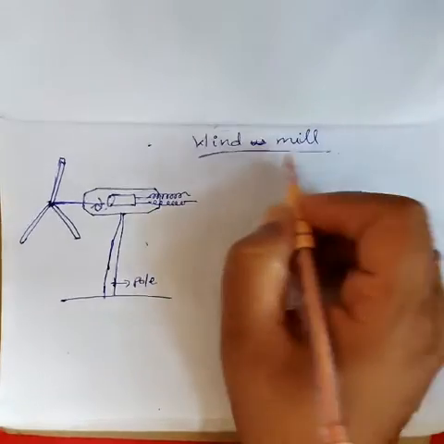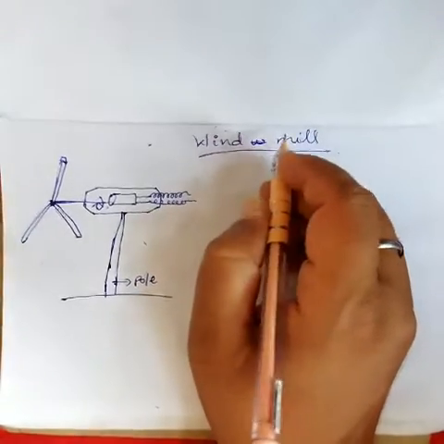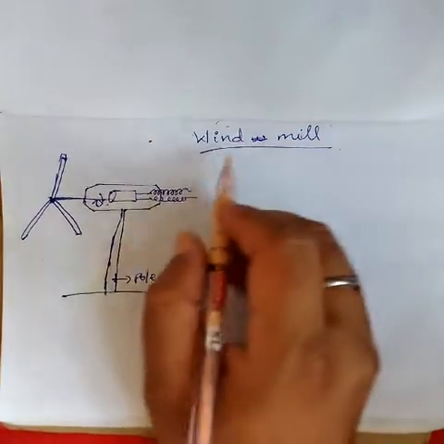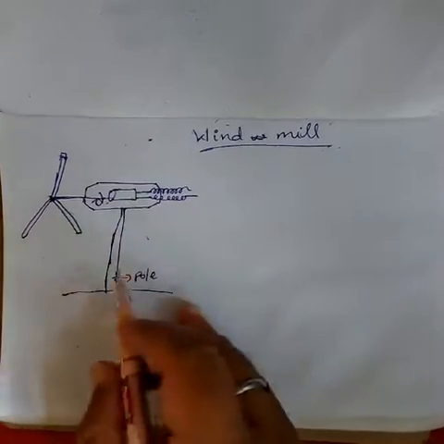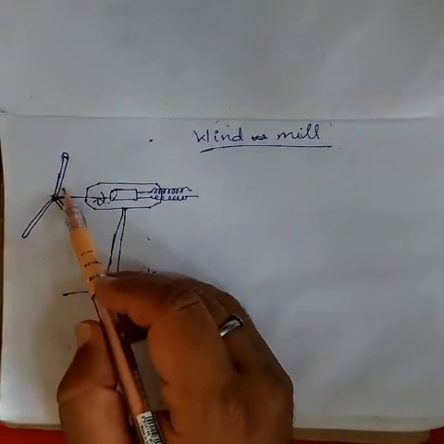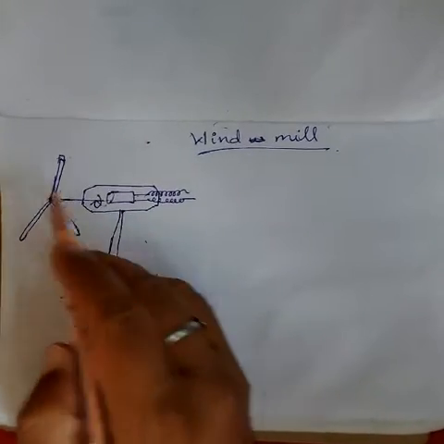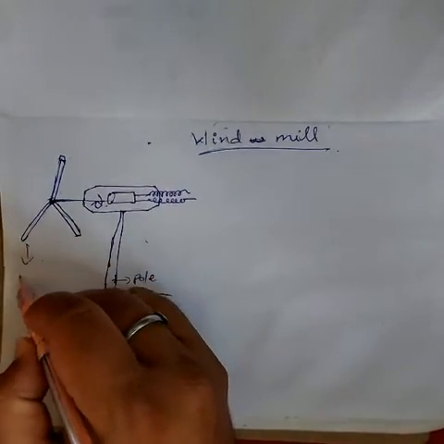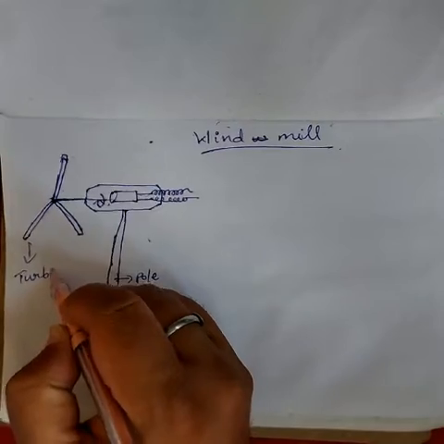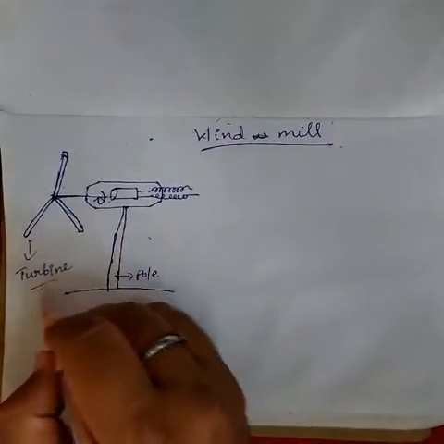So what is a windmill, and how does it work? This is a diagram of a windmill, which consists of these blades. These blades are called the turbine.